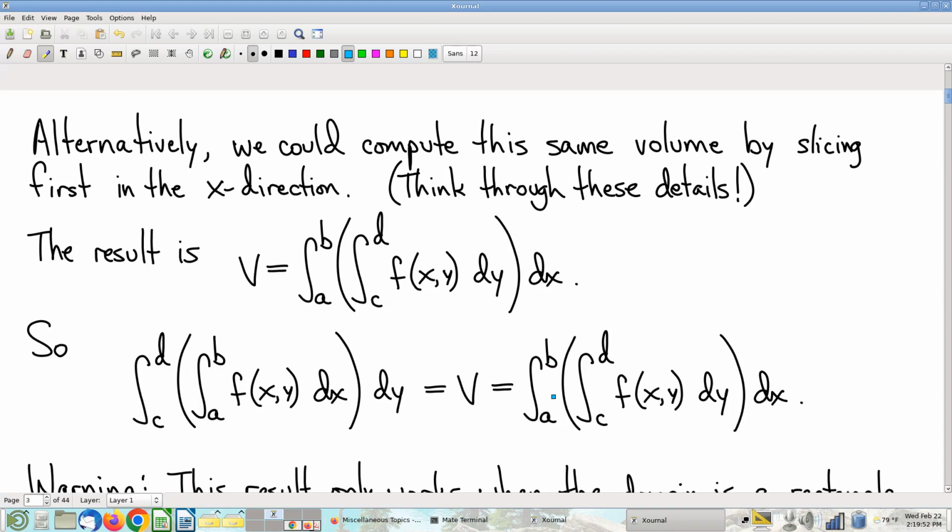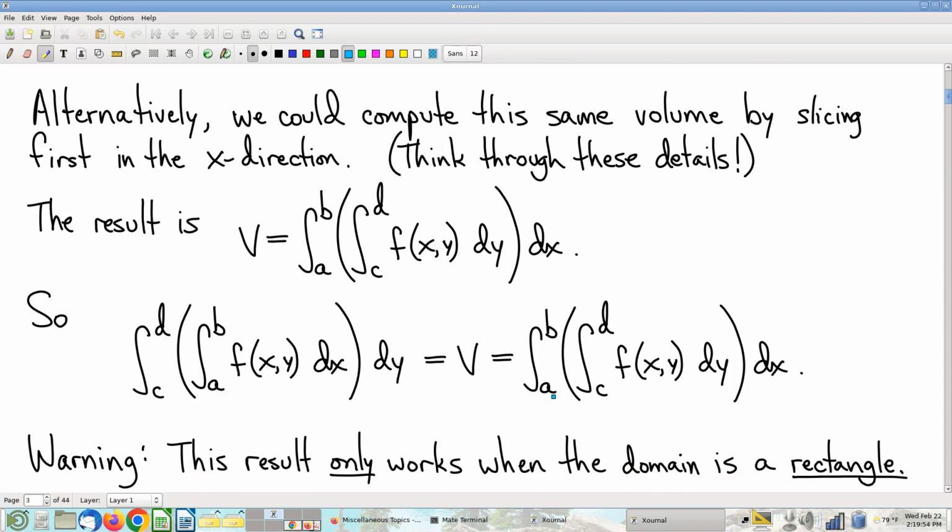Okay, now, somebody asked me something about this. I made a vague reference to you can switch the order of the differentials, and here's that result. What we wrote down was that the volume could be computed as a y integral of the cross-sectional area, which itself was an x integral.